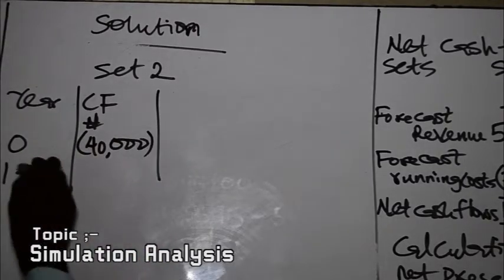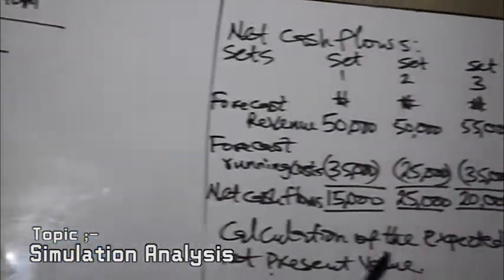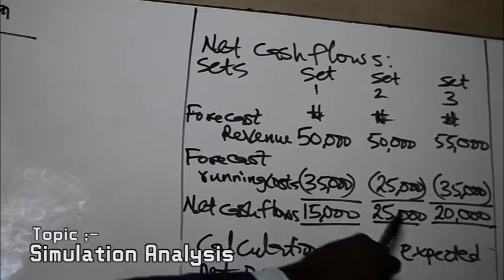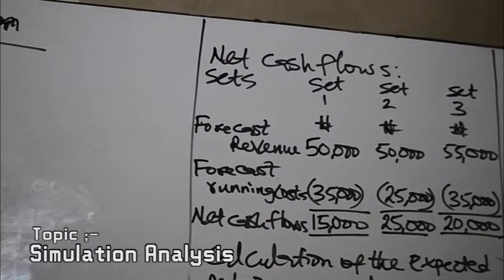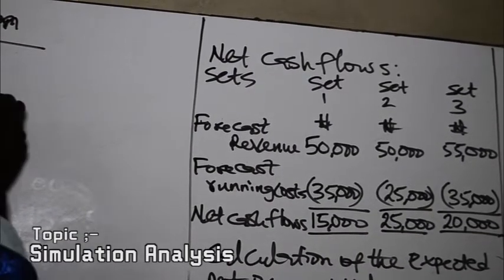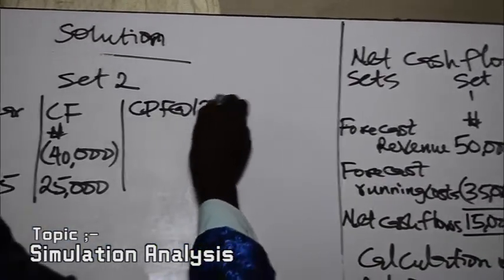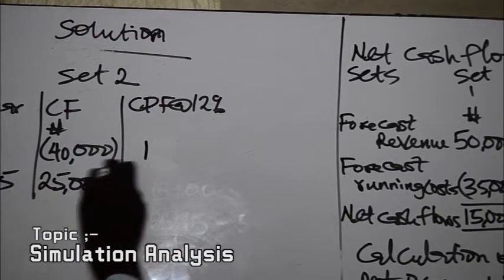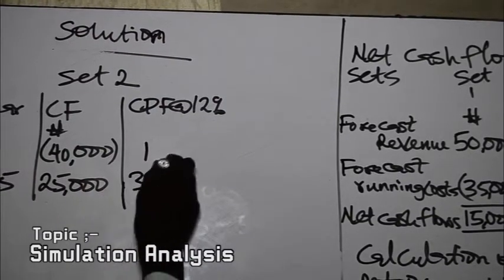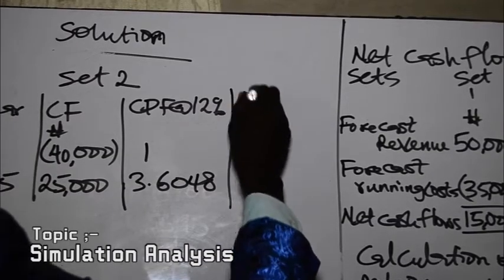Then for year 1 to 5, the net cash flow for set 2 is 25,000 naira. The cumulative discount factor at 12% cost of capital for year 0 is still 1, and for year 1 to 5 it is still 3.6048, the same value you obtained earlier.